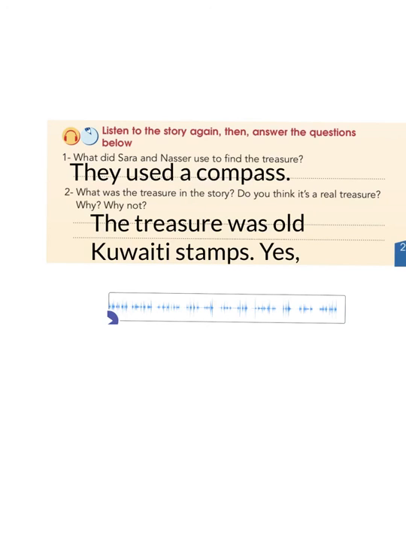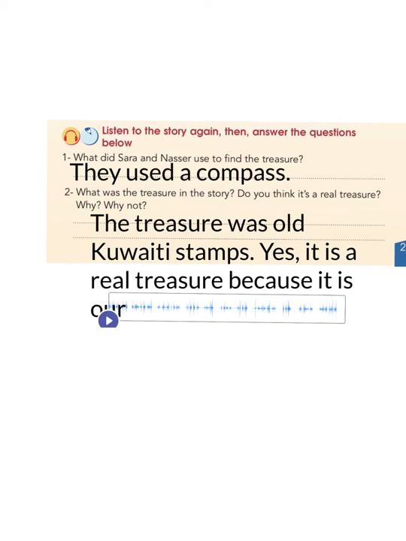Yes, it is a real treasure. Why? Because it is our heritage. Excellent.